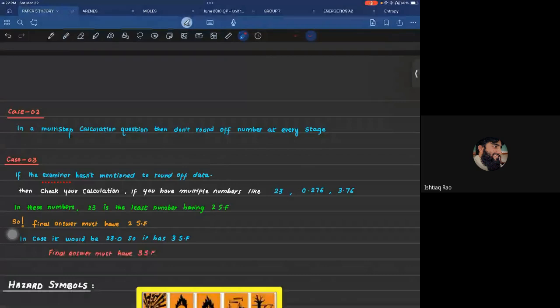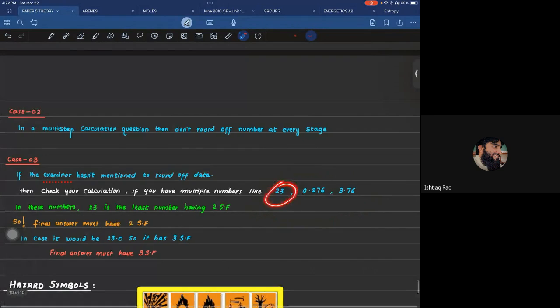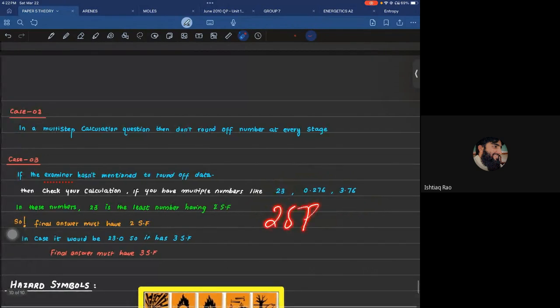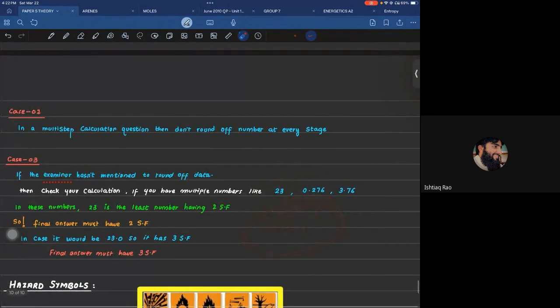Let's suppose I have these three numbers, 23.276 and 3.76. Then we have to see which number has the least number of significant figures. This one has only two significant figures.